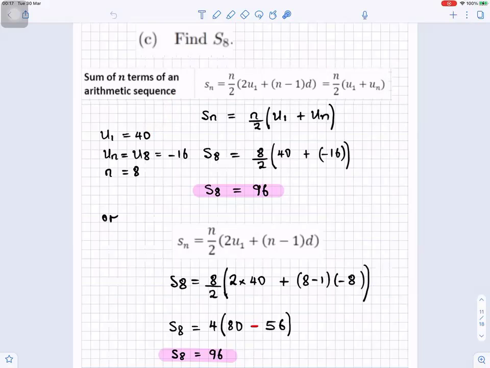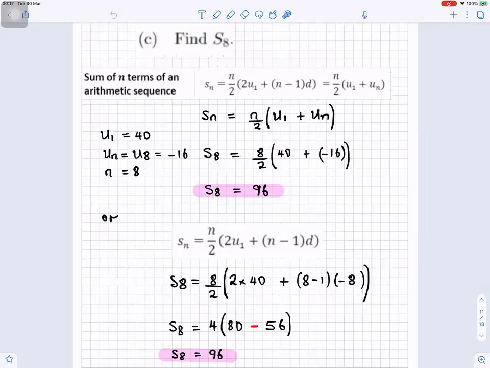The last term, U8, is minus 16, which we got from the previous part, and n is 8. Put that in the calculator and you get the sum of the first 8 terms is 96.